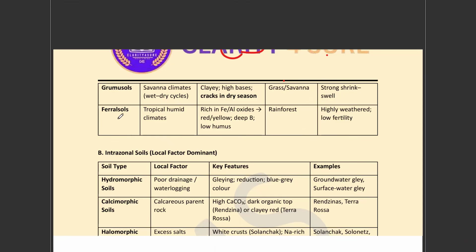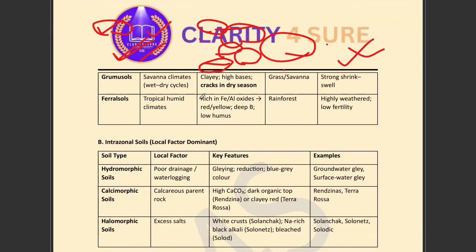Next comes your Ferralsols, which is a feature of the tropical humid climates, and it is rich in ferrous and aluminium oxides. So the color would be red or yellow, and it has low humus, and the B horizon of these Ferralsols will be deep. The vegetation of this type is rainforest. It is highly weathered and has low fertility. So these are the points to keep in mind when we study the Brumosols and Ferralsols.